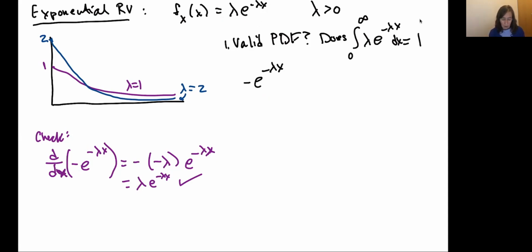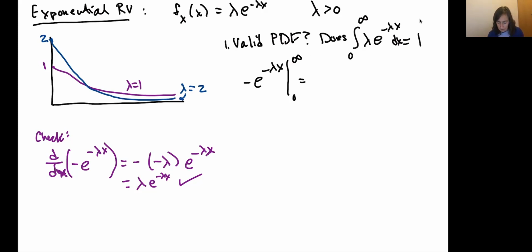Hooray. And so then what am I integrating from? I'm integrating from 0 to infinity. And here I'll remind you of something that I think we touched on in math camp: when we have infinity or negative infinity as one of our limits of integration, we have to take a limit to evaluate it.